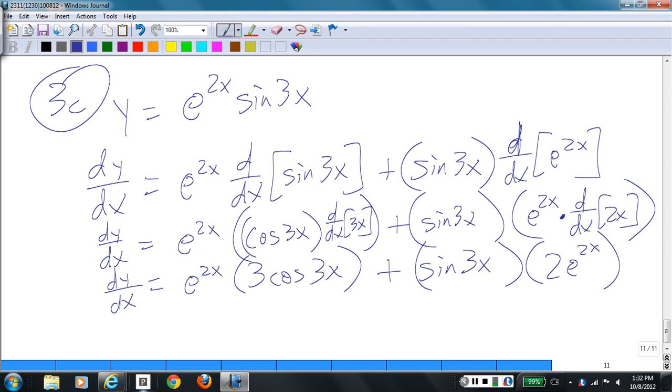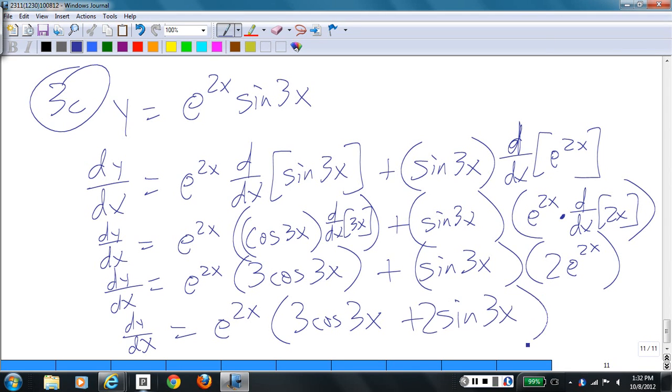Maybe factor out a common factor of e to the 2x. So dy dx equals e to the 2x times 3 cosine 3x plus 2 sine 3x.